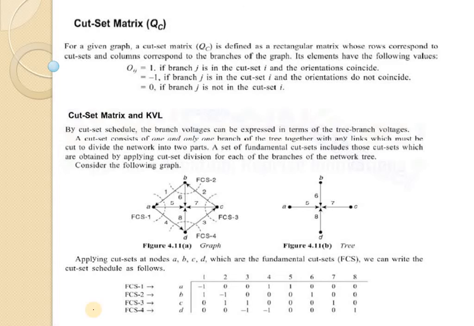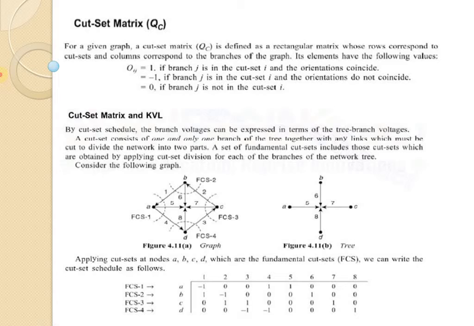Now, cut set matrix formation. For a given graph, a cut set matrix Qc is defined as a rectangular matrix whose rows correspond to the cut sets and columns correspond to the branches of the graph, and its elements have the following values. What will be the values?